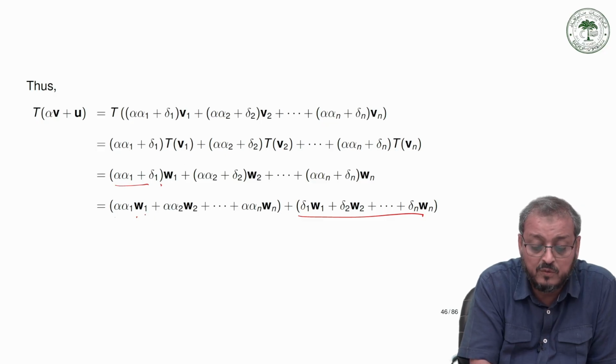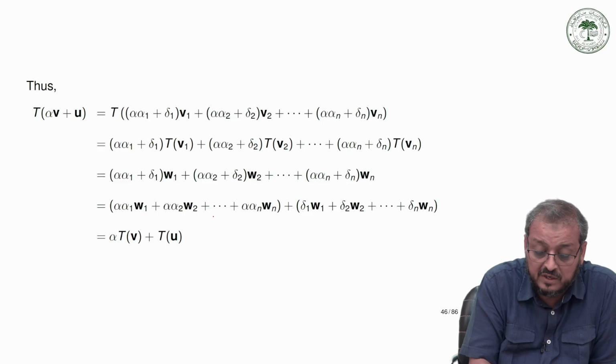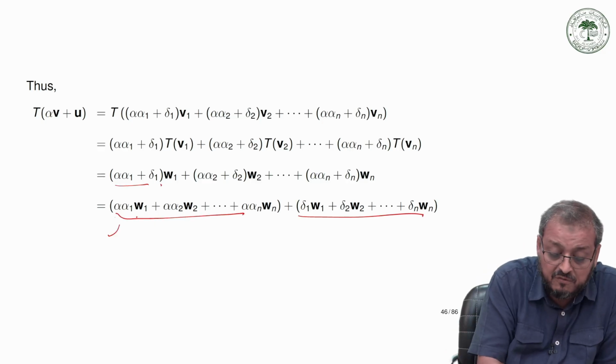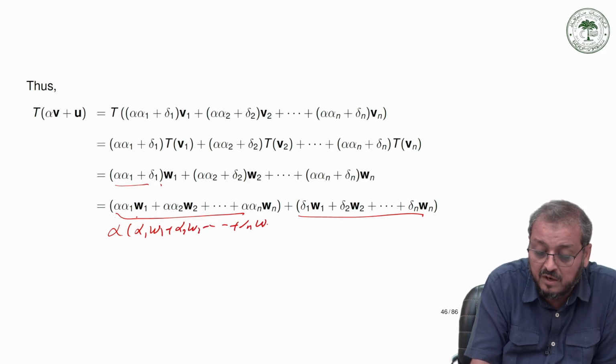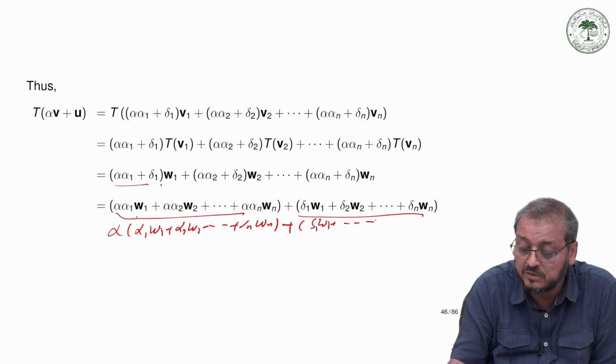Now, W1 we write as T of V1, and this is equal to alpha times alpha 1 W1, alpha 2 W2, plus alpha n Wn, plus delta 1 W1 plus so on, delta n Wn.